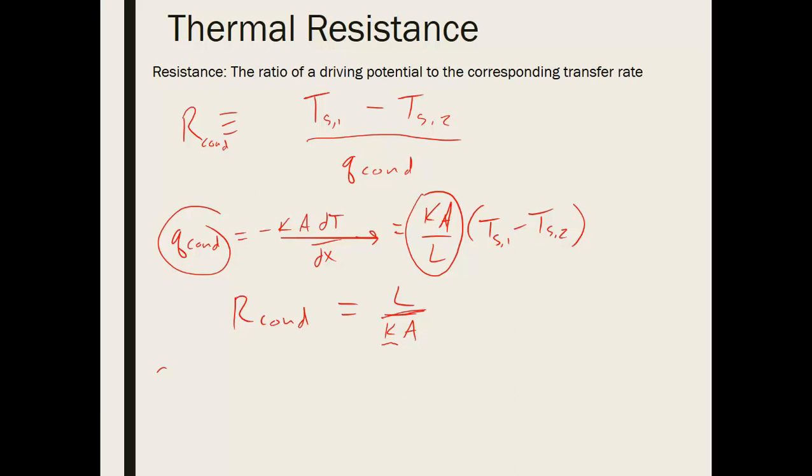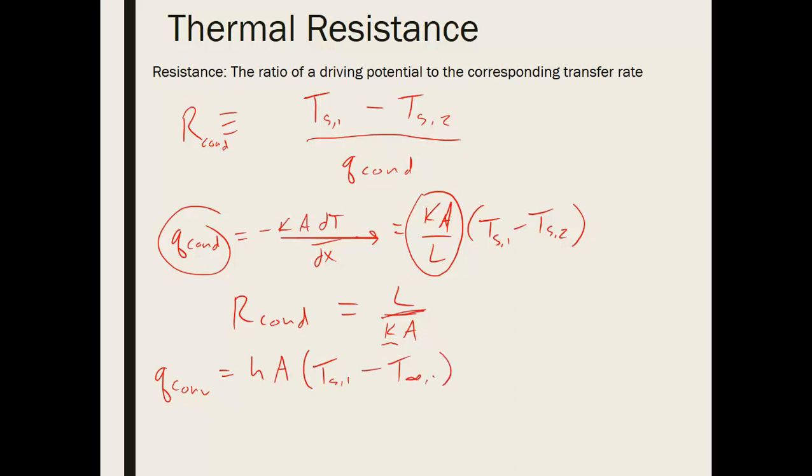There's a similar term for convection. So we know that Q for convection is simply defined by Newton's law of cooling, where we have a heat transfer coefficient times the appropriate surface area times Ts1 minus T infinity 1.